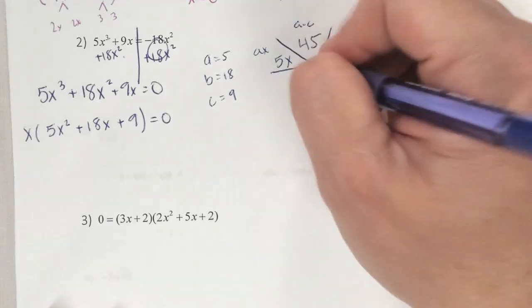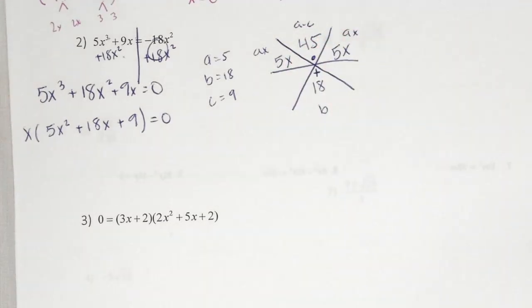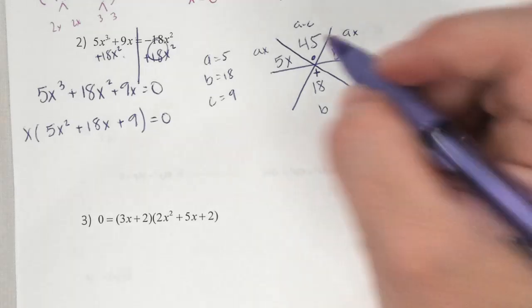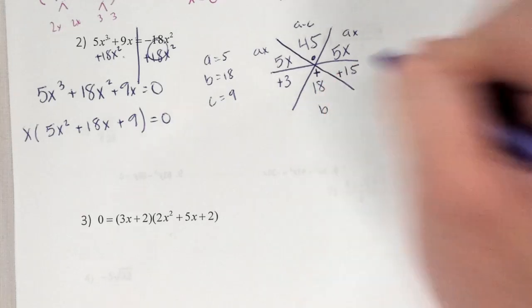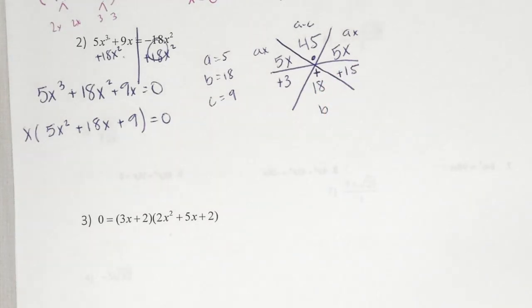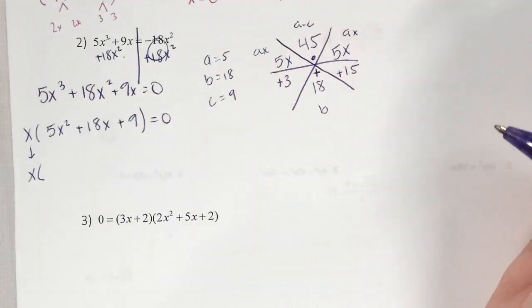What multiplies to give me 45 and adds to give me 18? 15 times 3. So I have to bring down my GCF. Don't forget your GCF.